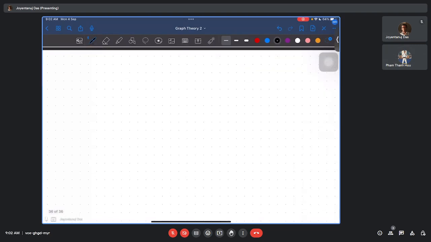Okay, so the next proposition is: every simple outer planar graph has a vertex of degree at most 2. That is the statement.